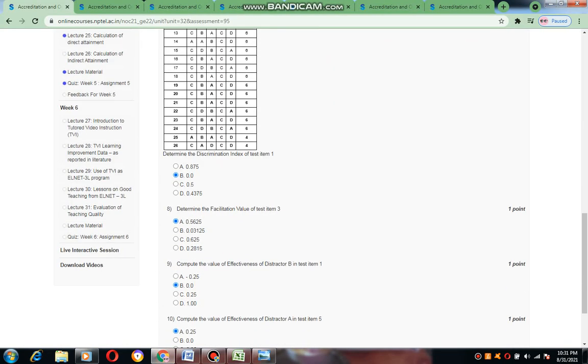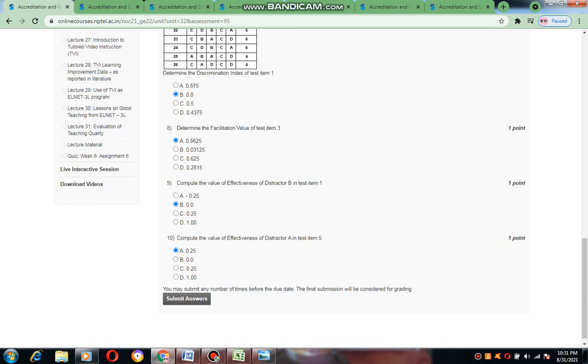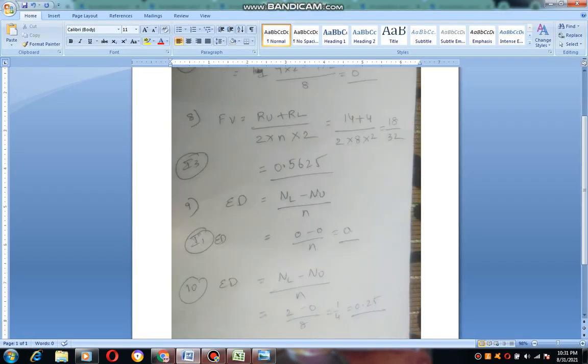Now coming to computing the value of the effective distractor B in test item 1. What is the formula for effective distractor? The effective distractor is defined as the number of times the item appears in the lower group minus the number in the upper group, divided by the total number of tuples in one group.